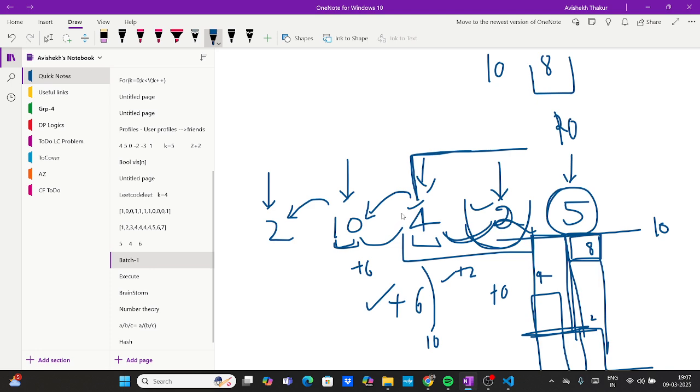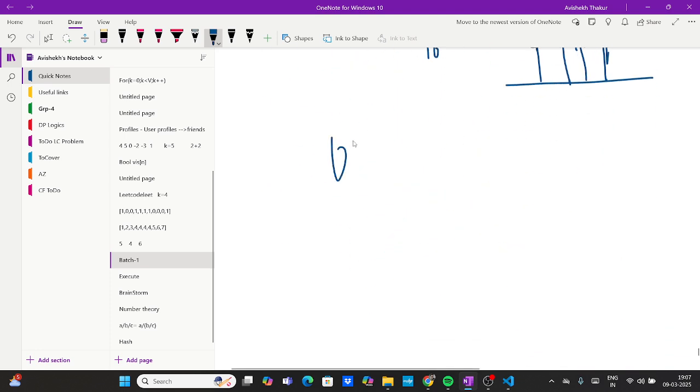Clear? Yes, bro. So how will the pseudocode look like? It is something like this, right? Start from the first index.